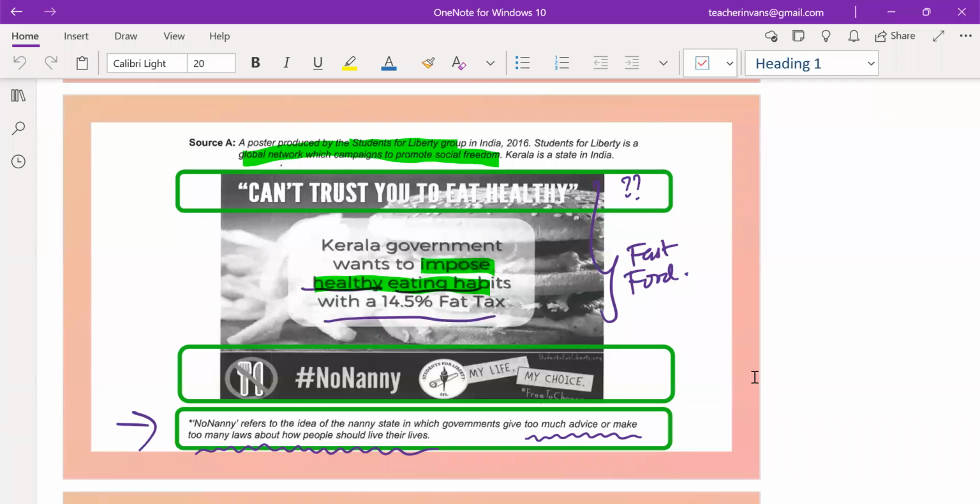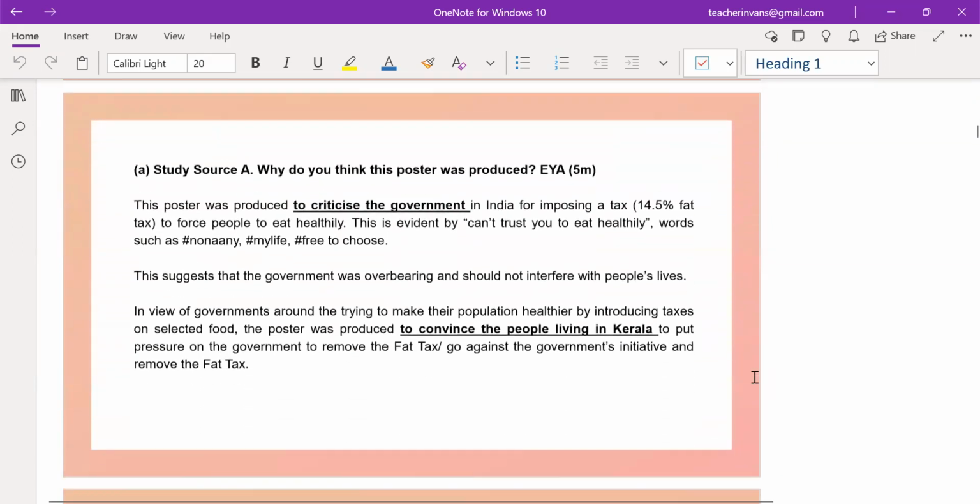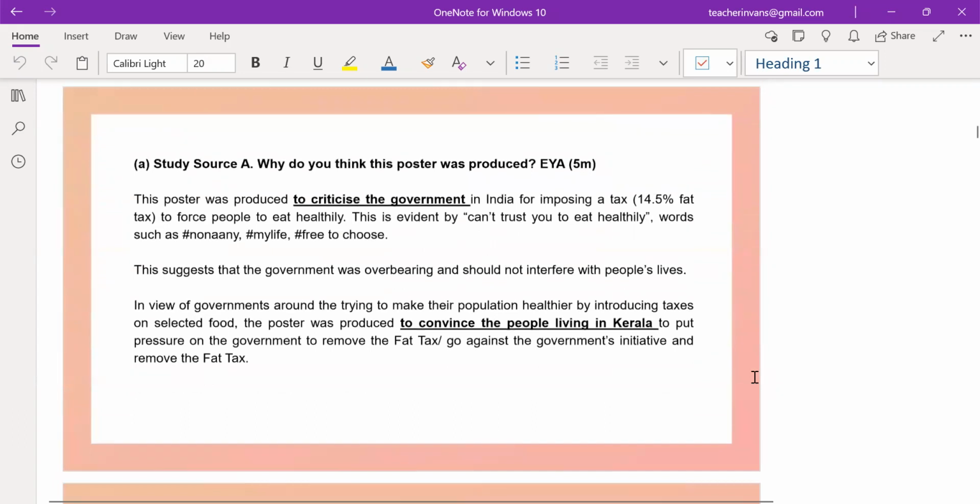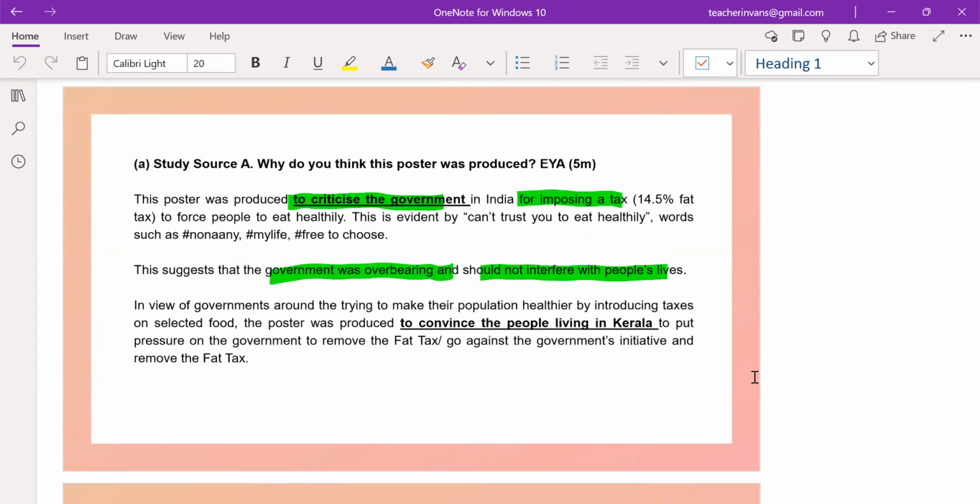All right, let's take a look at how we answer this. Why do you think this poster was specifically produced? It was done to criticize the government, specifically because they were imposing a tax. It feels like the government was overbearing. It is the big brother syndrome and shouldn't interfere with people's lives. And this was done in view of the fact that a lot of governments, from the background information, were trying to make the population healthier by introducing taxes on selected food.